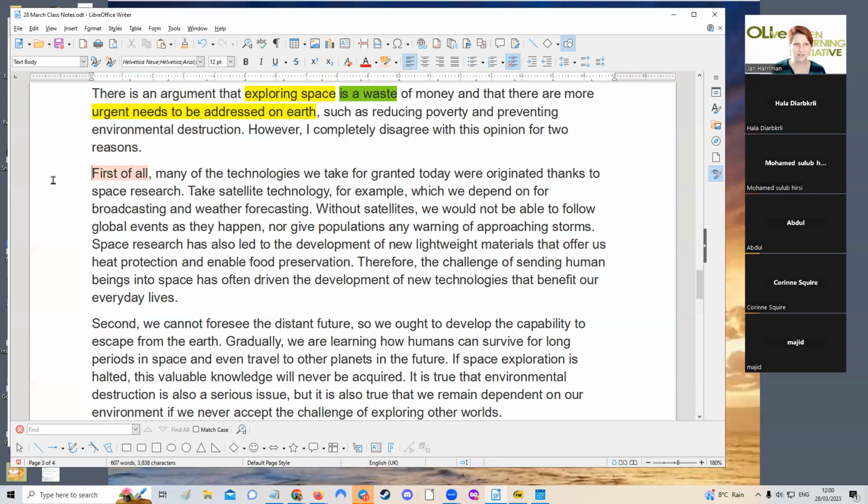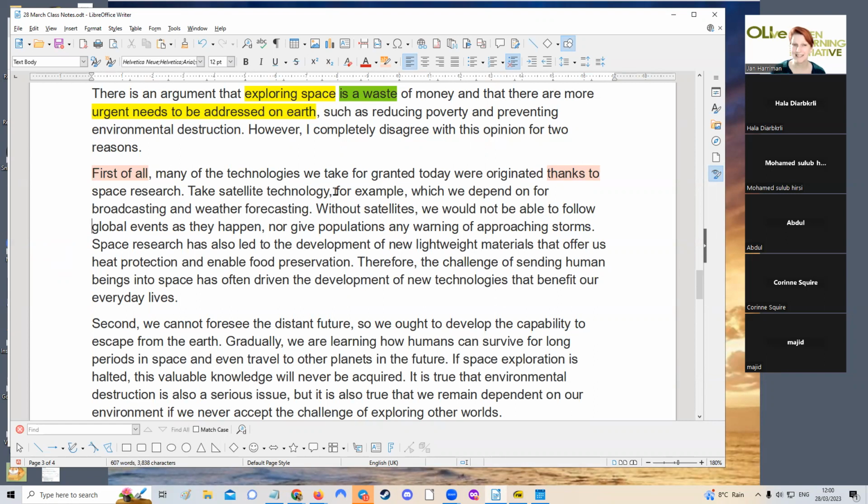Okay, so they've done a great start here. First of all, many of the technologies we take for granted today were originated thanks to, another one of those causals, thanks to space research. Take satellite technology, for example.